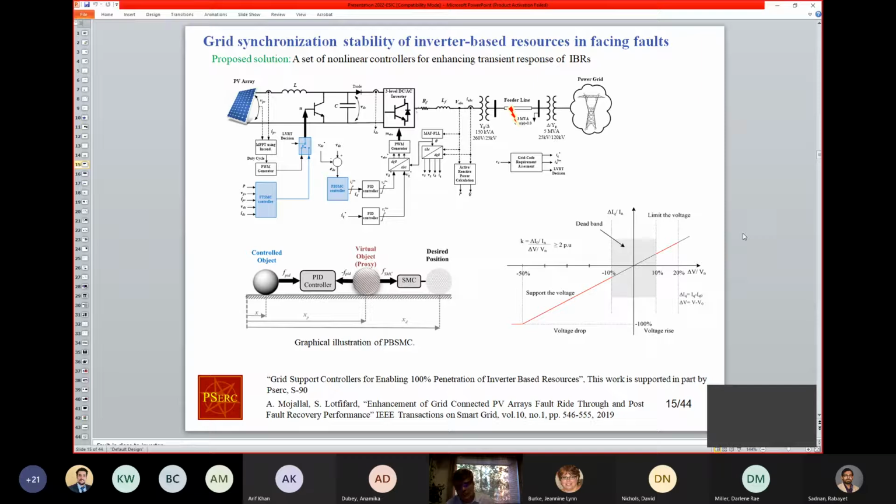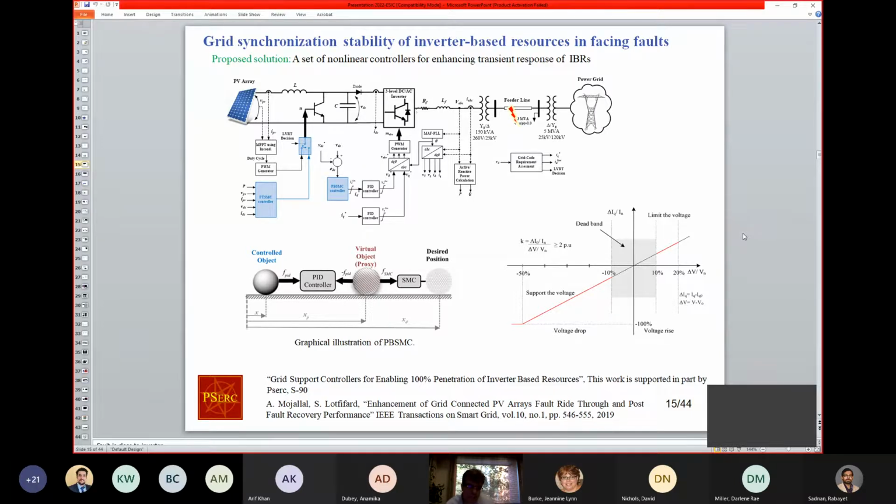But there are many problems here because it mainly goes to the grid synchronization stability problem. You have to go to nonlinear study, because when you have large disturbances, any models based on linearization don't provide realistic results. So we have to go through the nonlinear problems.